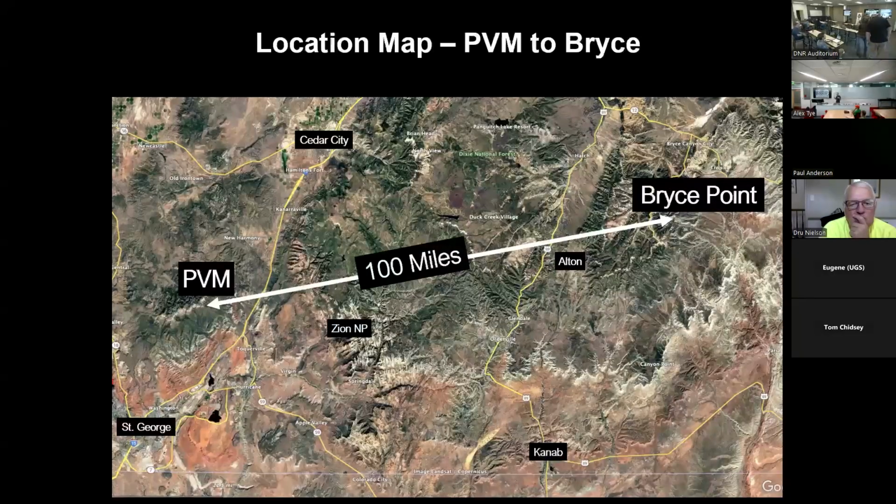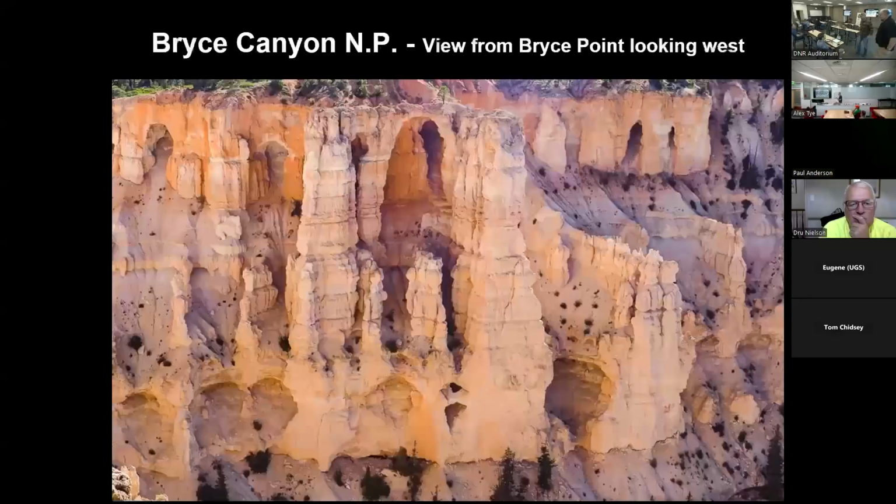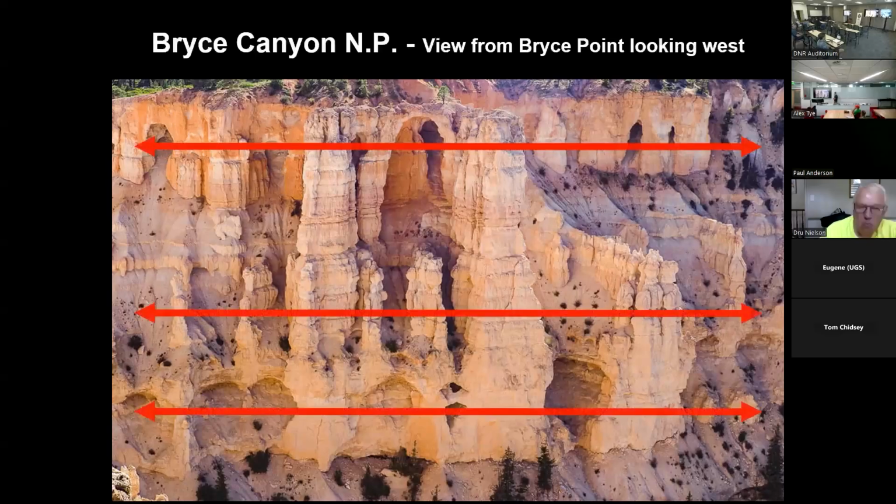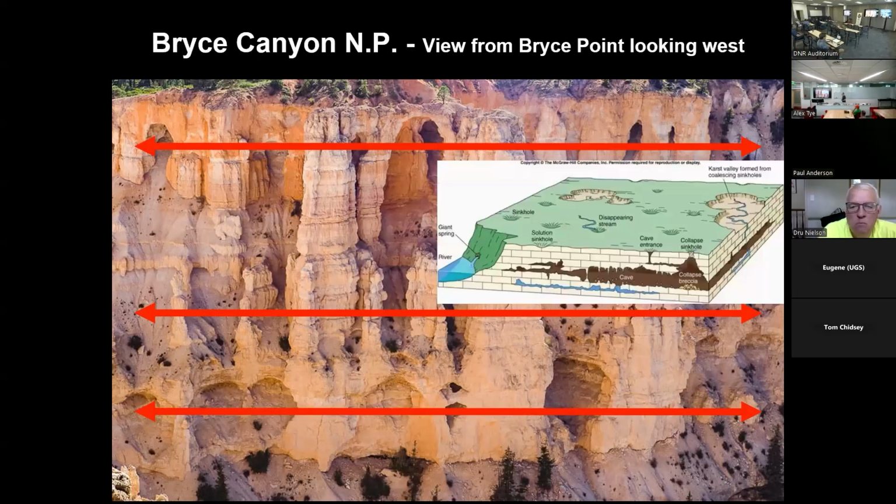We have great exposures of Claron Formation, right? If you look at the white limestone member of the Claron Formation, we see multiple levels of cavern systems within the white limestone. So the white limestone layer near the top of the Claron has been subjected to karstification.